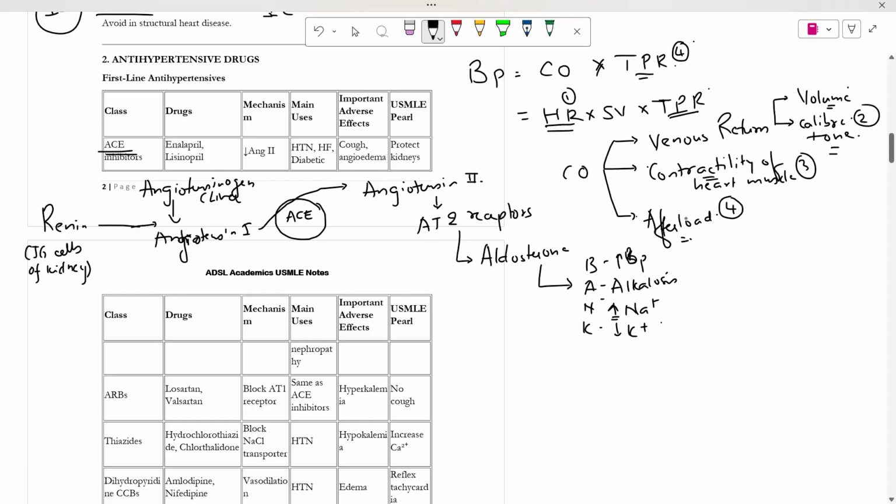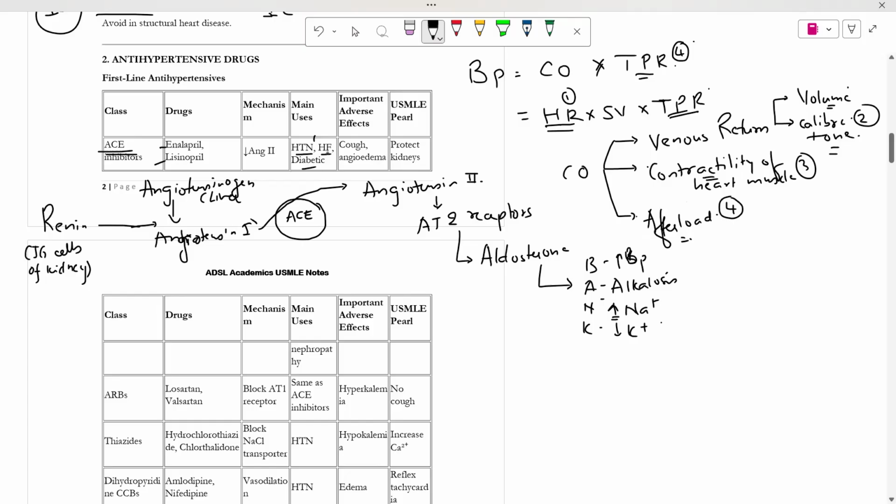So it decreases afterload quite a lot, and that is why ACE inhibitors decrease the blood pressure. Examples are enalapril and lisinopril, usually used in hypertension, and in patients with heart failure and diabetes mellitus.